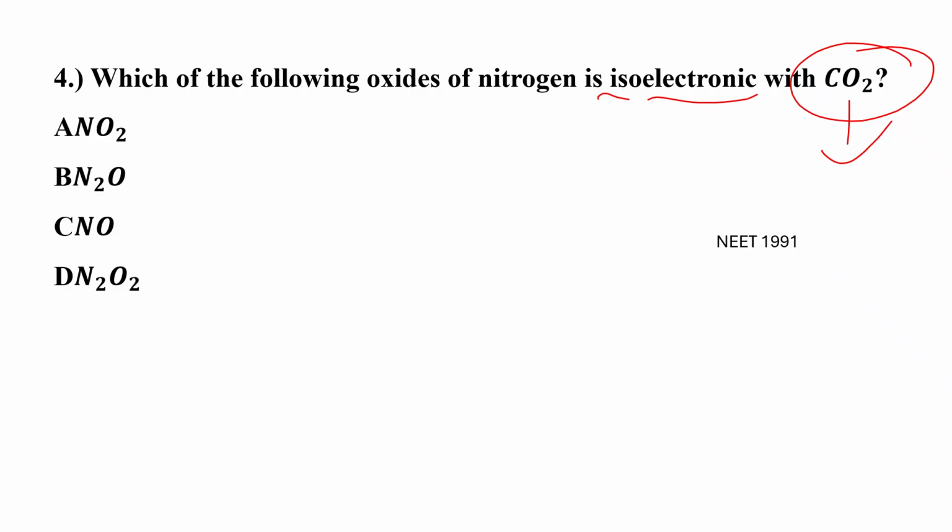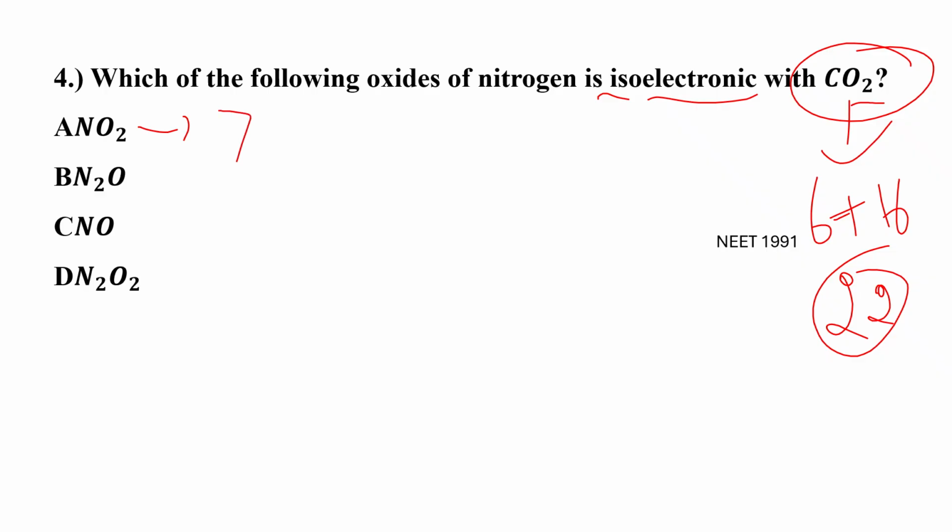If we go with the total number of electrons, carbon has 6 electrons and oxygen has 8 electrons. There are 2 oxygens, so 8 plus 8 is 16. So totally 22 electrons in the case of carbon dioxide. NO2 means 1 nitrogen, 7, plus 2 oxygens, 16, equal to 23.